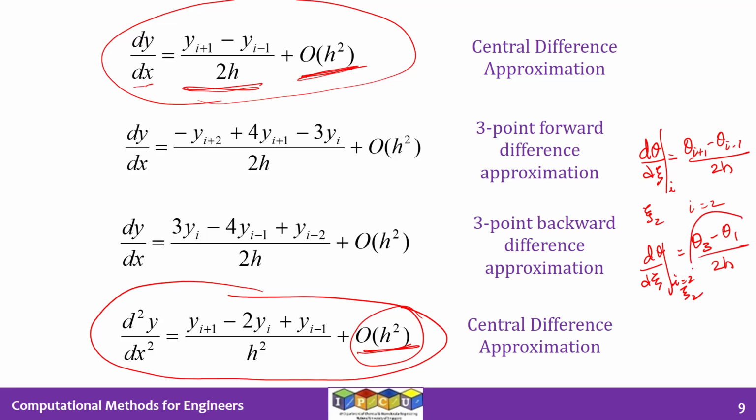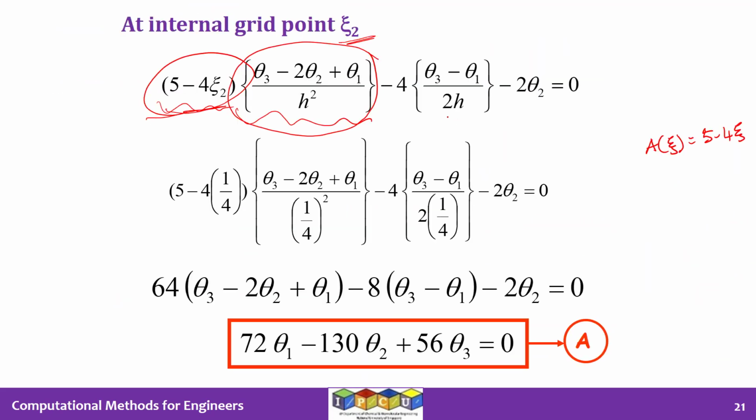So that will be the replacement for the first derivative. Central difference approximation, truncation error is of the order of h squared. So that is what we replace the first derivative with, a central difference approximation which has a truncation error of the order of h squared.